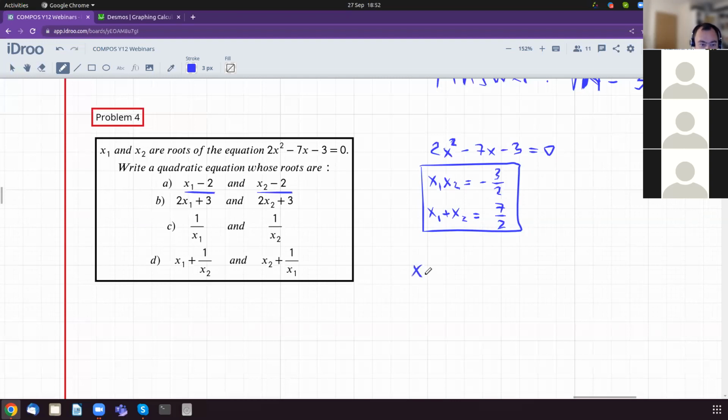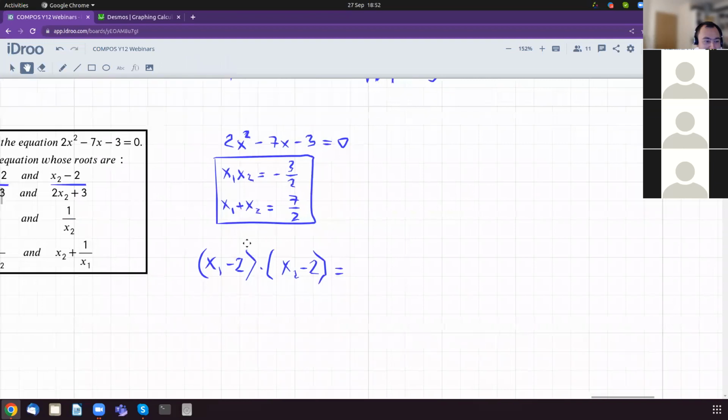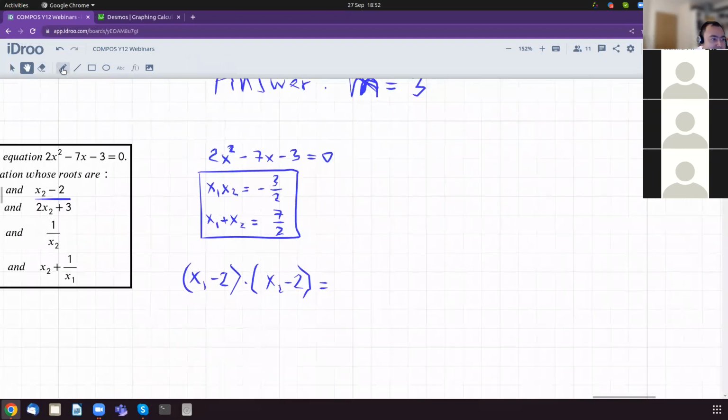So we know that x1 minus 2 multiplied by x2 minus 2... well, let me try to explain what I'm trying to get at. Let's label the roots alpha 1 and alpha 2.